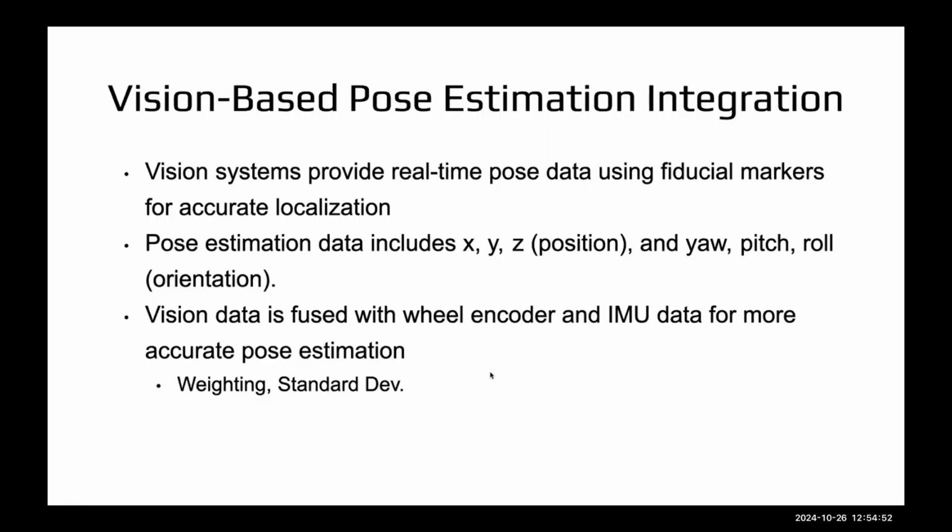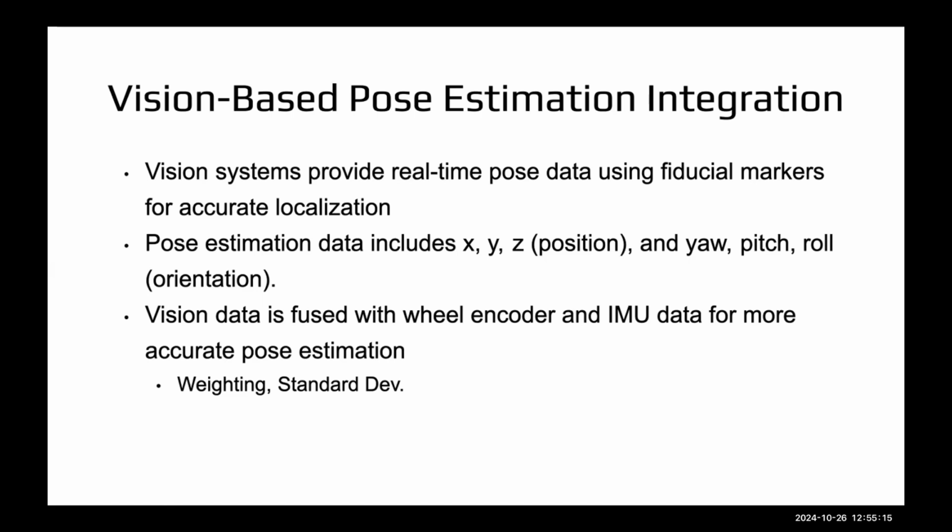All right, so now moving on to vision-based pose estimation integration. Pose estimation data includes the X, Y, and Z position vectors, and also the yaw, pitch, and roll for orientation. Now, when we're using the Limelights, we're getting 3 pieces of information that we want to be using.